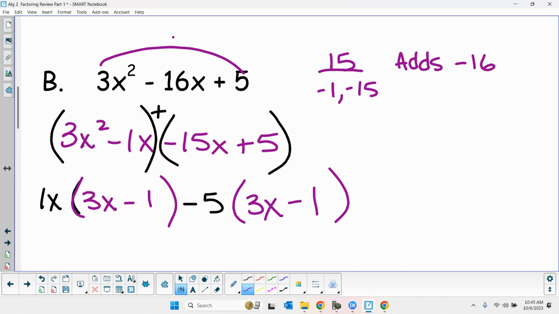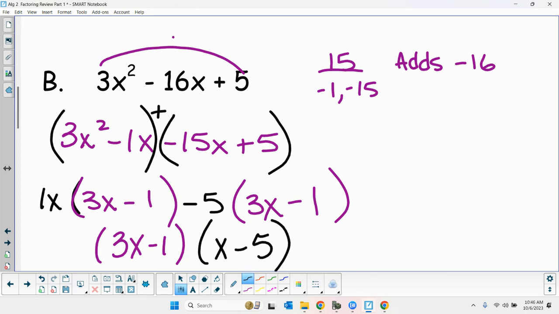That 3x minus 1 shows up. If I flipped them, is that okay? Yes. You'll still get the right answer. It just looks a little different to work. So our answer then is 3x minus 1, one factor, and the other factor is 1x, or just x minus 5. Those making sense? All right. Good job on those.